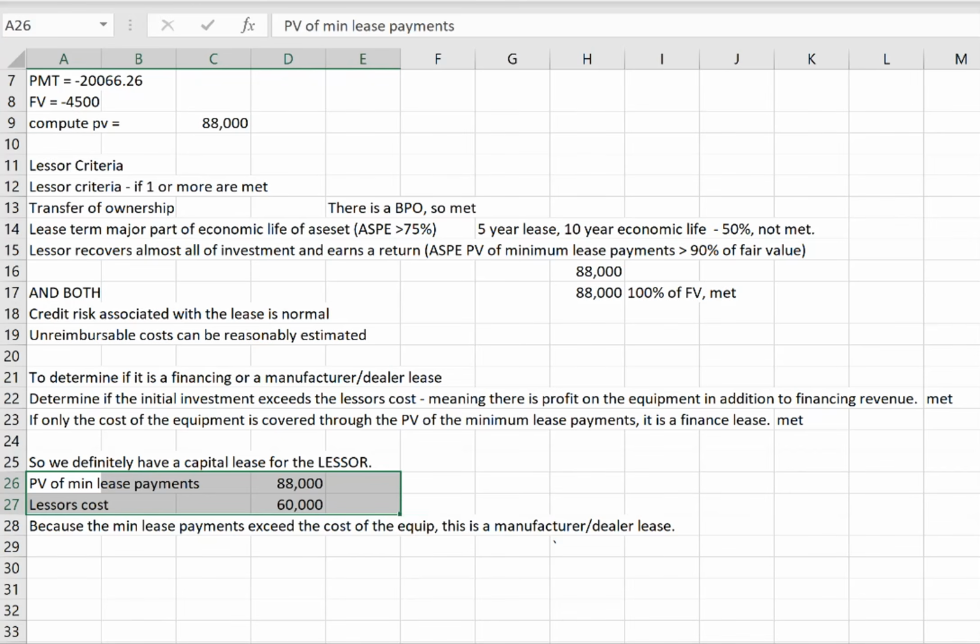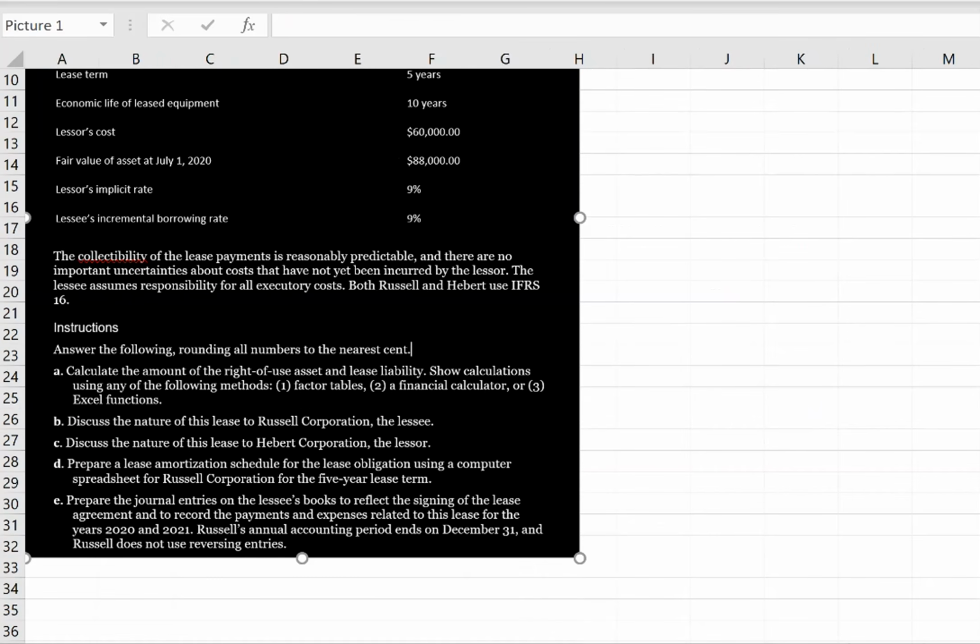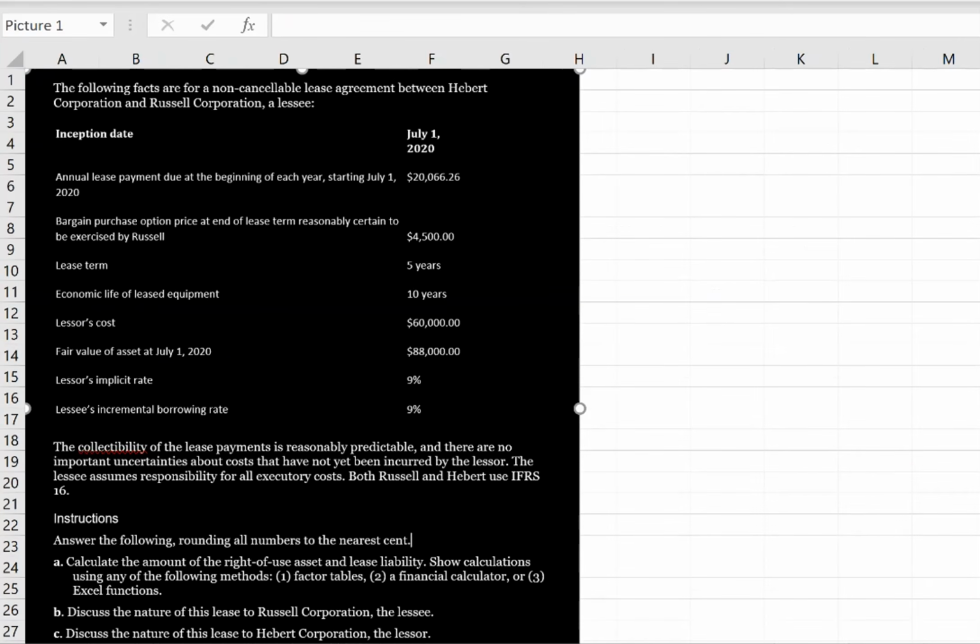Okay, so what's next? Next, we're asked to prepare an amortization schedule for the lease obligation for Russell Corporation. So who's Russell again? Russell is the lessee. So we're preparing a lessee lease amortization table, which we can definitely do. So let's go back here.